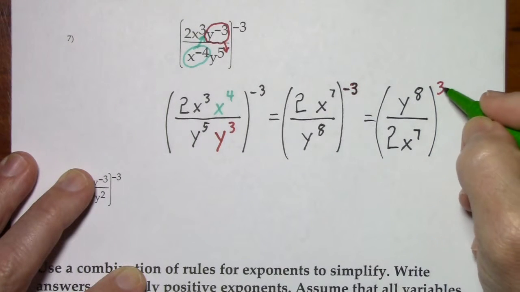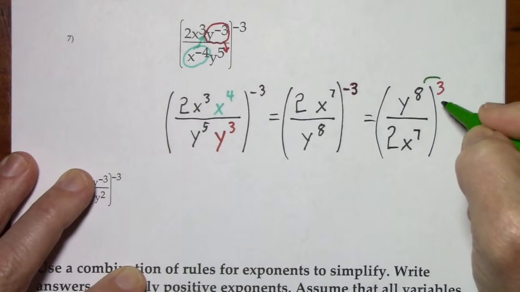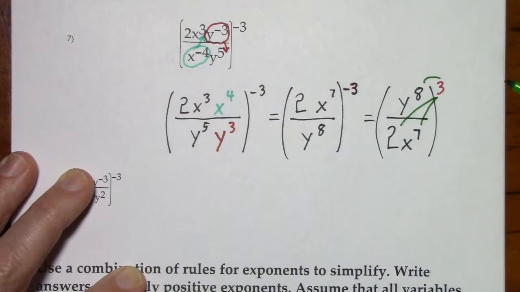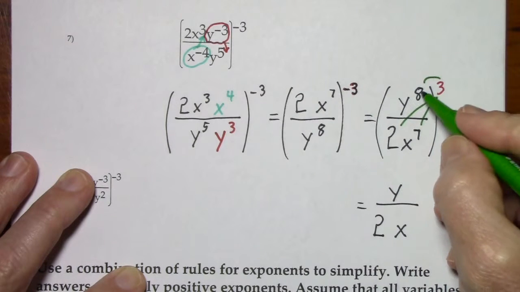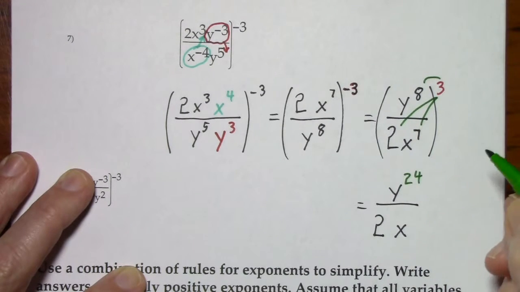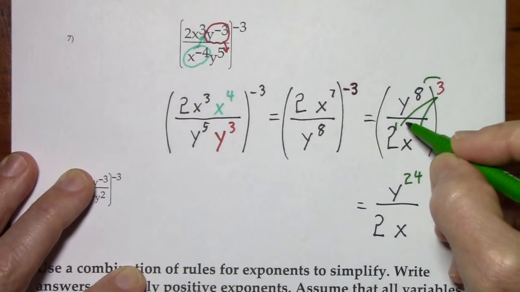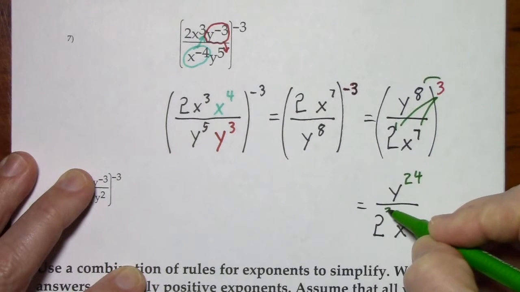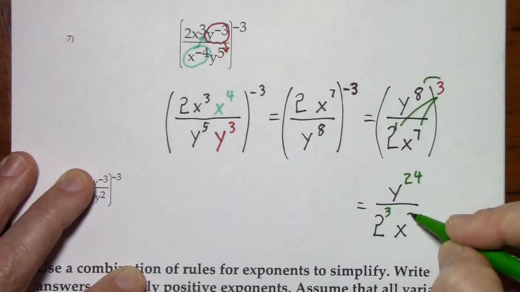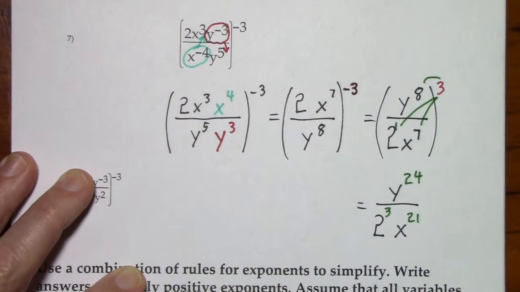And I have to use the power rule. I send the 3 in to each of the exponents inside the parentheses. So 8 times 3 is 24. 1 times 3 is 3. 3 times 7 is 21.